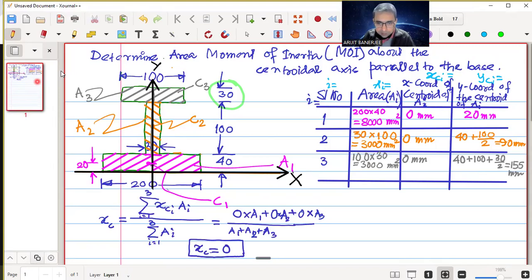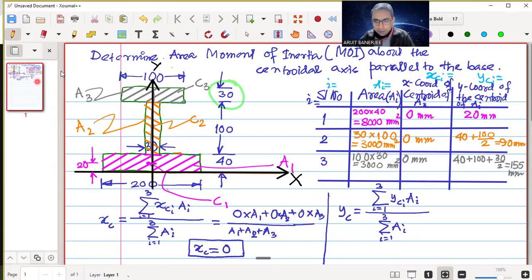Now, what is yc? Yc is the same way. Yc we can write as summation i = 1 to 3 yci ai divided by summation ai, where i is again 1 to 3.